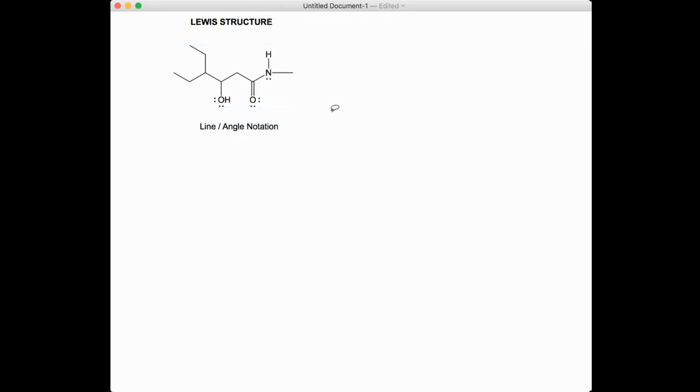So how many polar covalent bonds do we have here? What's the definition of a polar covalent bond? So once again, first of all, what's the definition of a covalent bond? We talked about this before. I want to emphasize this today. Definition of a covalent bond. Share electrons, right? When do we have a polar covalent bond?